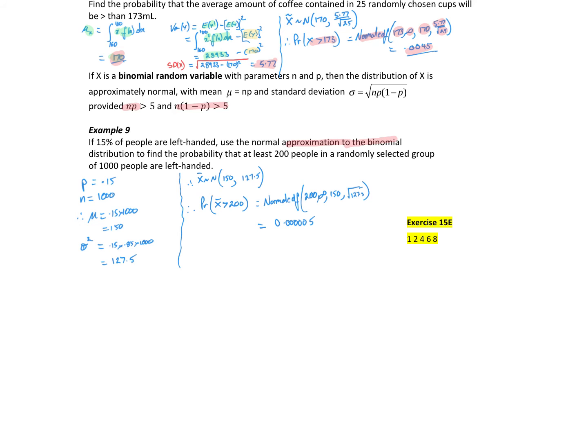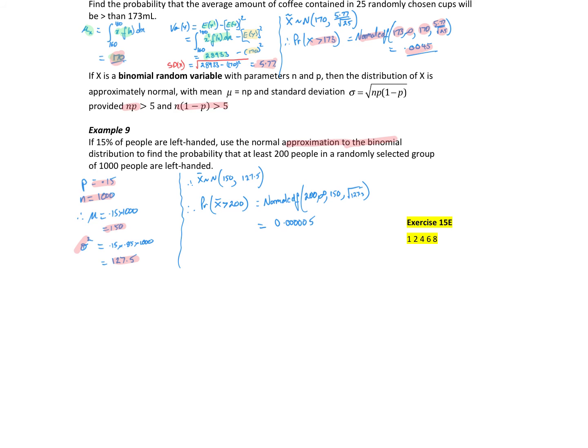So I've got 1,000 people, p is 0.15, sample of 1,000, my expected value is 150. Okay? My variance, sigma squared, is equal to n times p times 1 minus p, which gives me 127.5. So that's my variance.